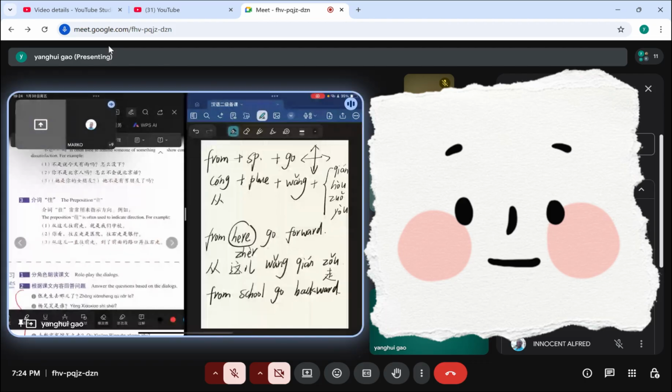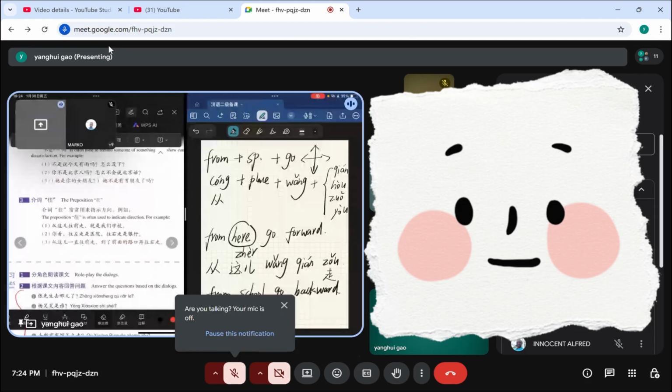从学校往左走. Okay, so from is 从, a preposition, from. The place is school, 学校. 从学校 is from school, from this point.